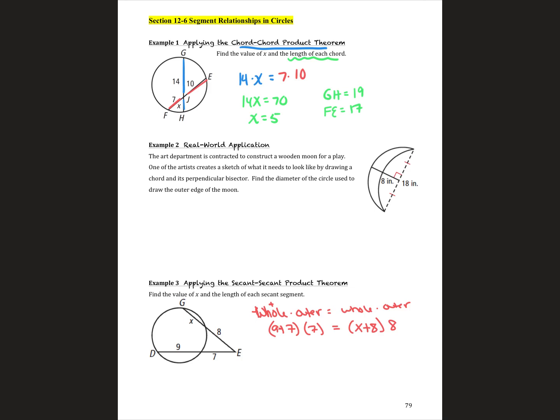And so then we can follow PEMDAS or distribute, whichever one you want. And so we should get 112 is equal to, distribute there, 8x plus 64. Subtract 64, so I get 48 equals 8x. Divide by 8, and x is 6.